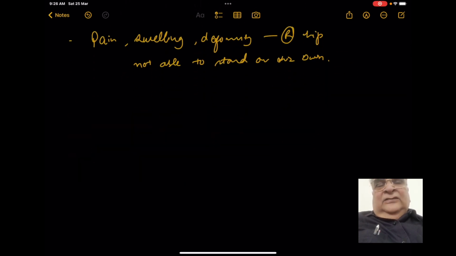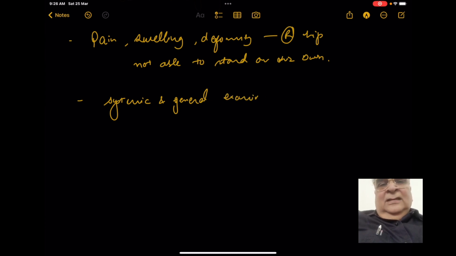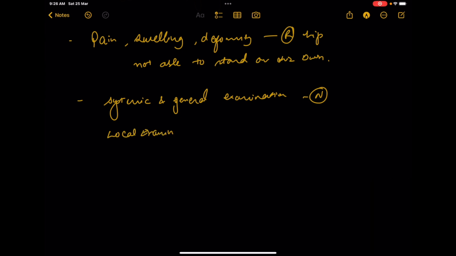The systemic and the general examination were not contributory. The local examination of the left hip revealed a flexion, adduction, internal rotation deformity with true shortening above the trochanter.